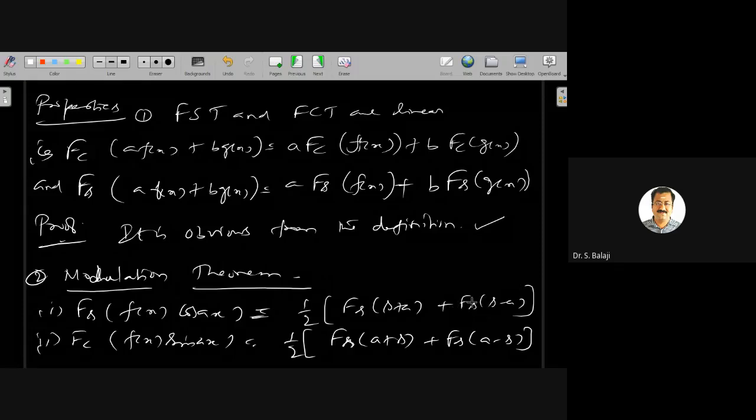Both involve the sine transform. When f of x is multiplied with the cosine function, the result is a sine transform.